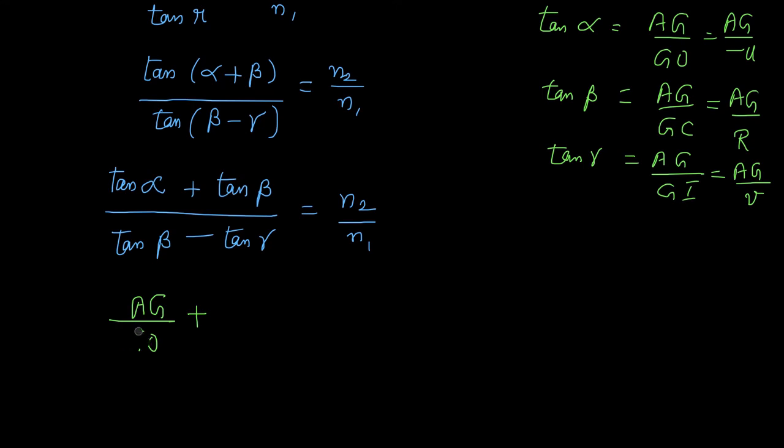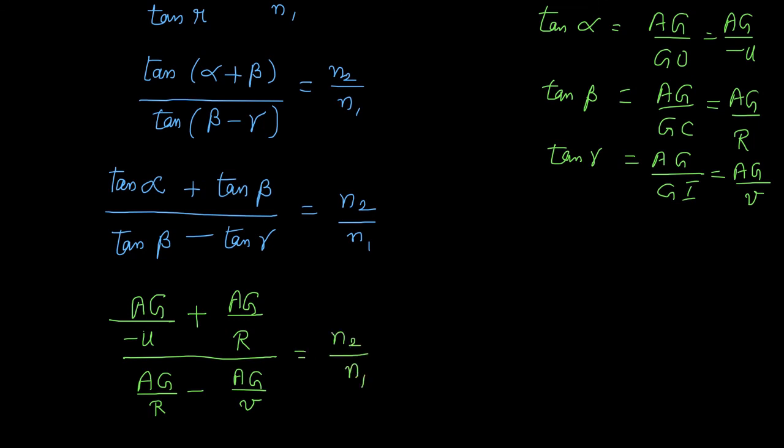So we write directly as minus u plus tan beta, AG by R, whole divided by tan beta again AG divided by R minus tan gamma, AG divided by v, that is equal to N2 by N1.